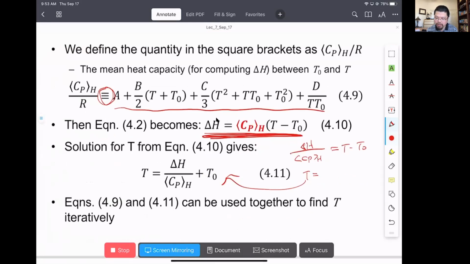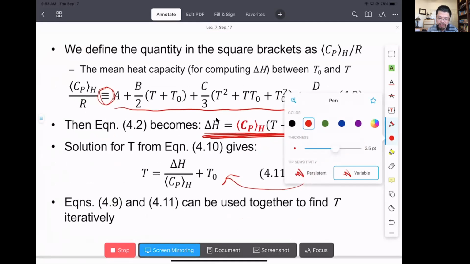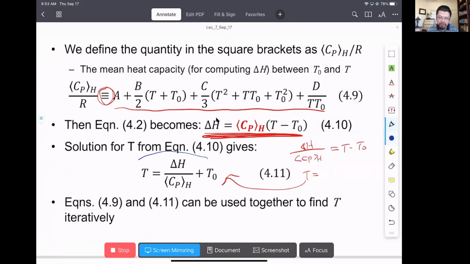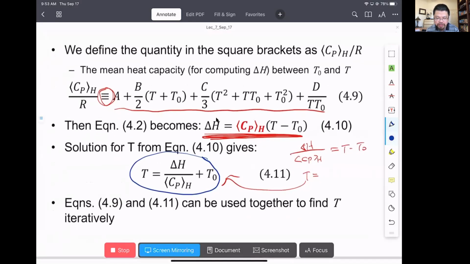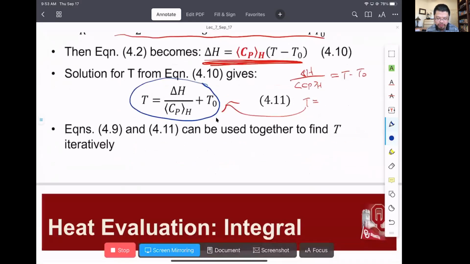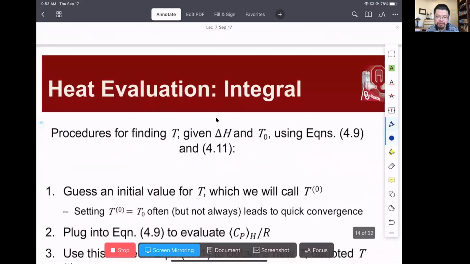So you'll see in a minute why we reorganize this. This is purely for the mathematical need for the iterations. So with this and the previous slide, we shall be able to run the iterations. So here comes the procedure.